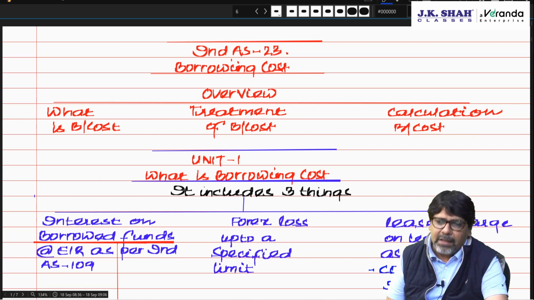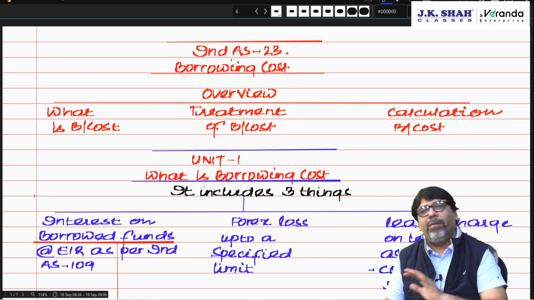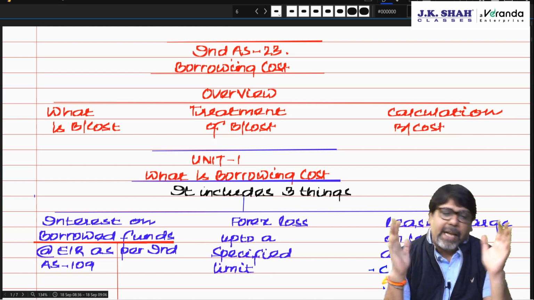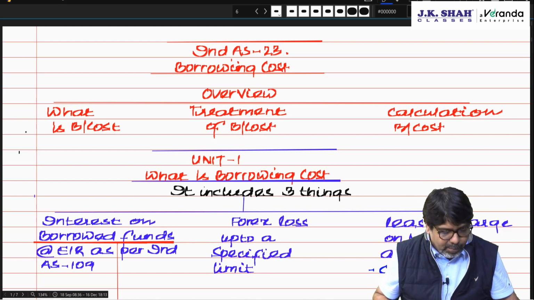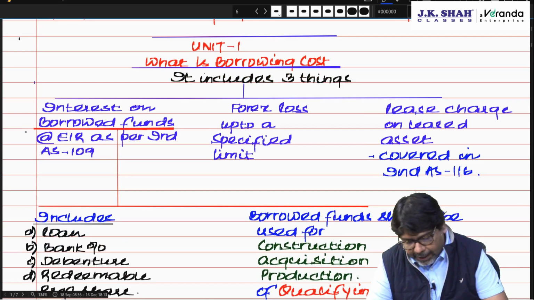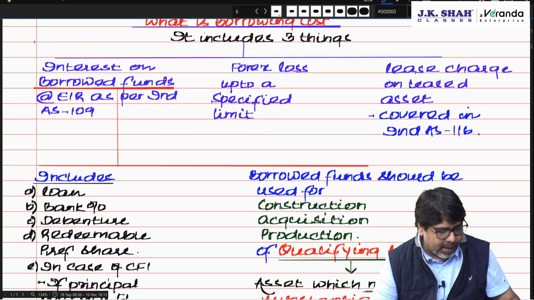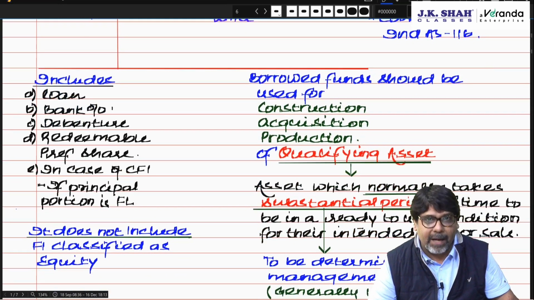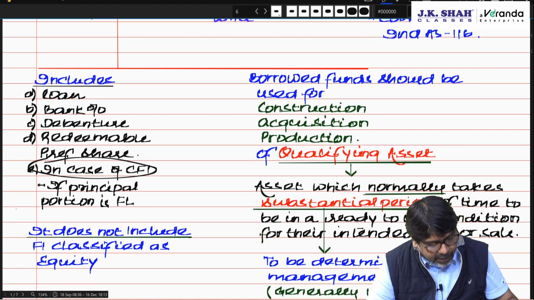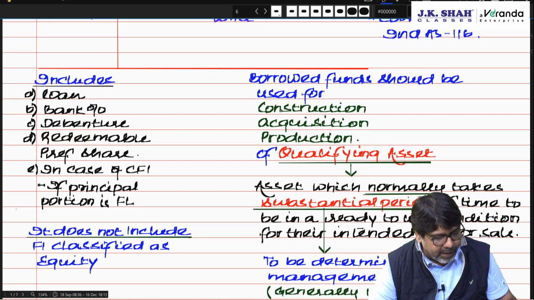Now Chartered, what does funds mean? Borrowed funds includes all kinds of loan, bank overdraft, debenture, redeemable preference share. In case of compound financial instruments, the principal portion is a financial liability.